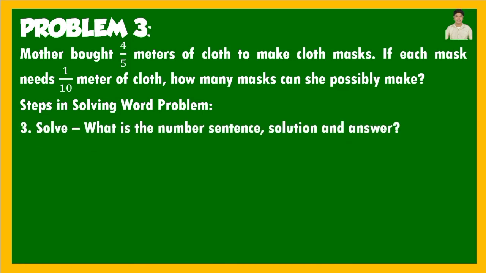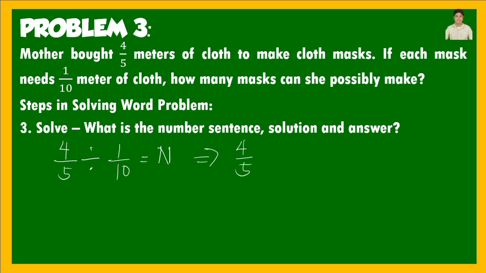So, for the third step, let us write the number sentence, the solution, and the answer. So, for our number sentence, we'll just simply write 4/5 divided by 1/10 is equal to n. And then we'll use keep change flip technique. So, magiging 4/5 muna.